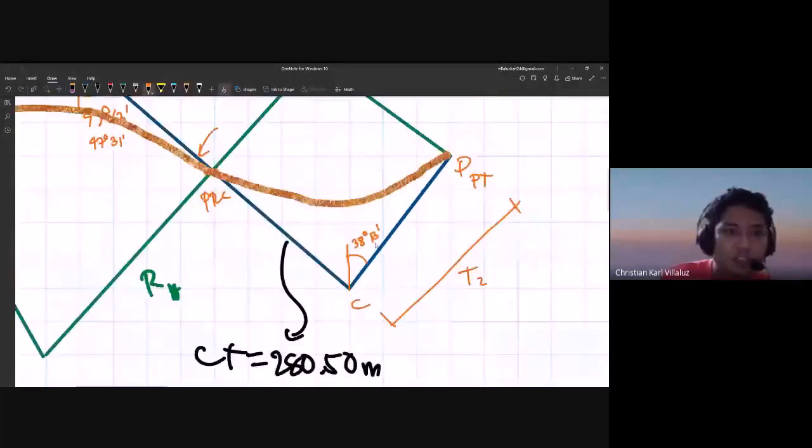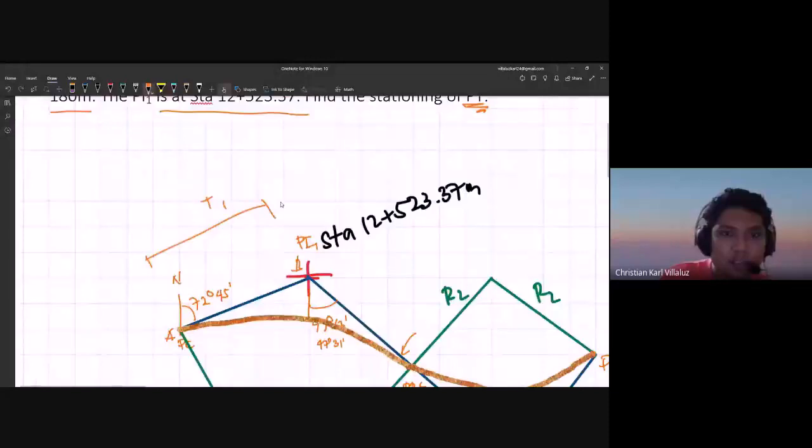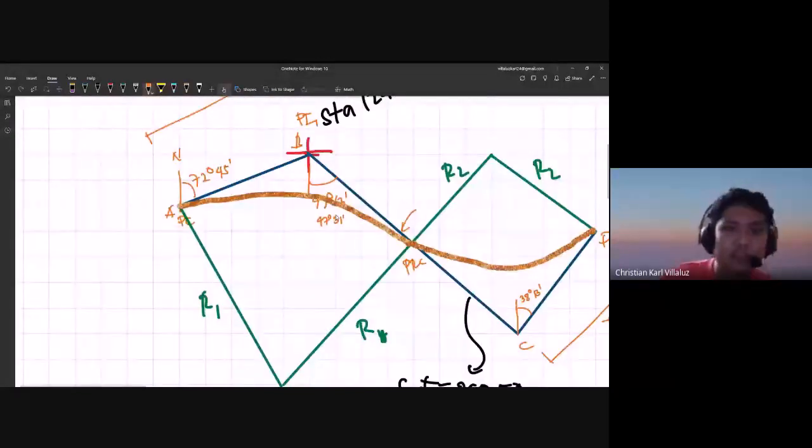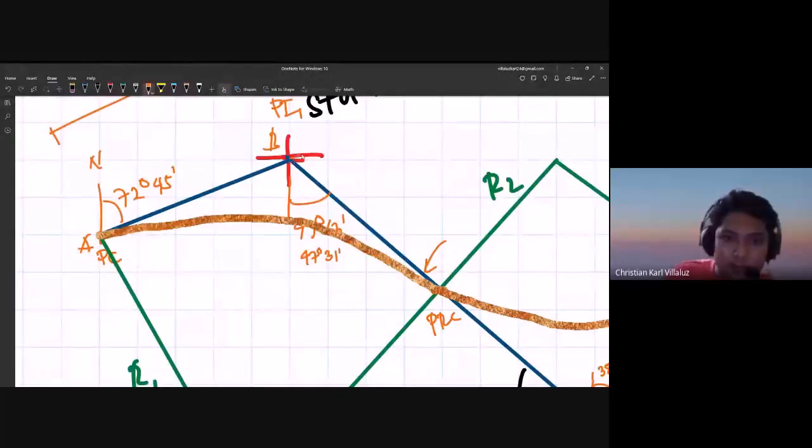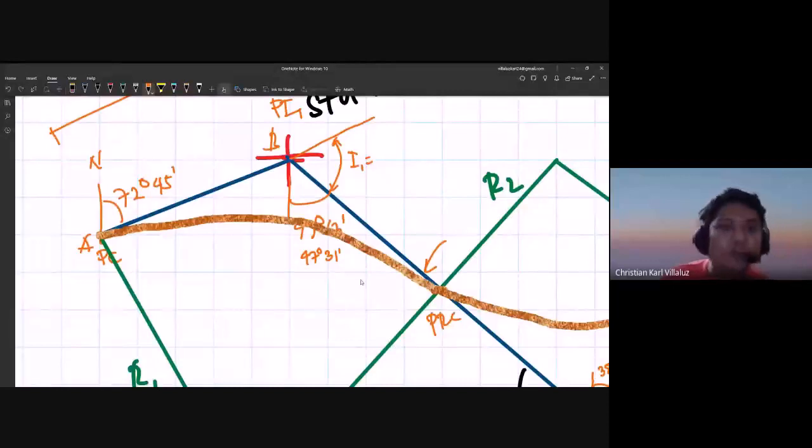So gamit kasi yung mga bearing, kaya na nating hanapin yung kanyang angles of intersection. Kung i-extend natin to, we should determine this, I1. So kung i-extend natin yan, yung bearing ng previous tangent 1 ay magagamit natin because they are similar here. Parallel siya dito.